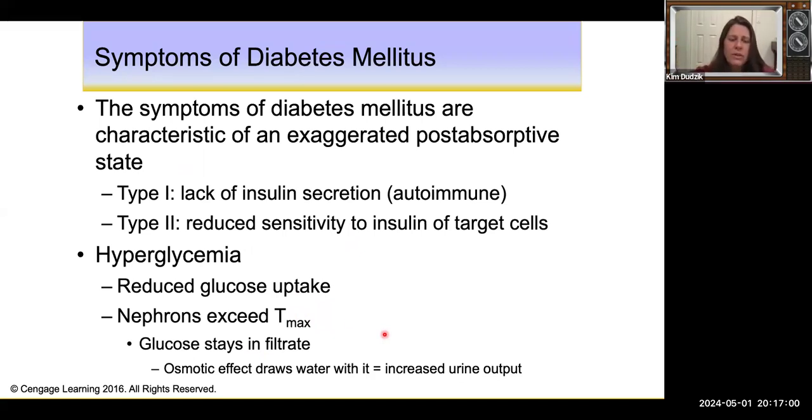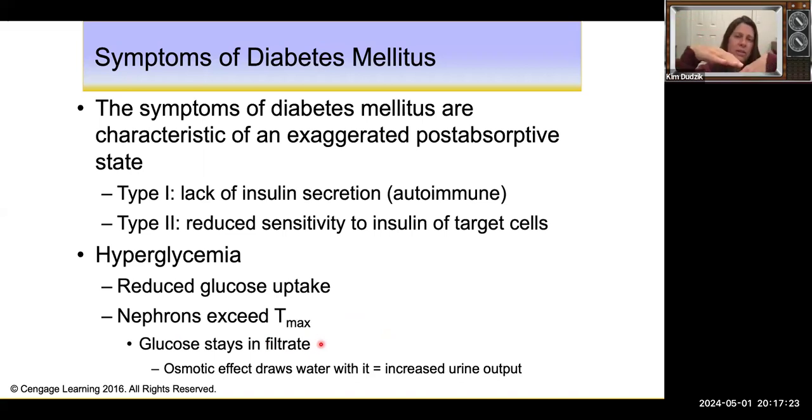And once the filtrate leaves the proximal convoluted tubule, it doesn't have the opportunity to get reabsorbed because the rest of the nephron doesn't have the glucose transporters to do that. So that leaves glucose in the filtrate, and that makes the filtrate hypertonic to the surrounding tissues.